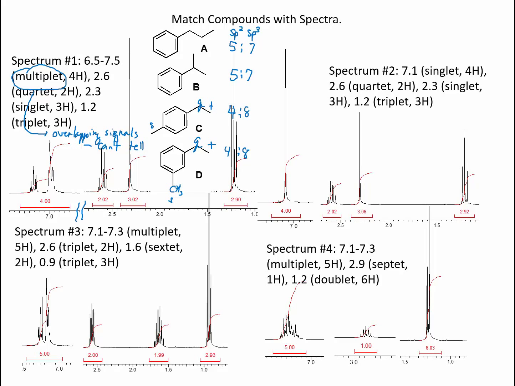But what we can see is, let's look at the aromatic region. Here, there's quite a few different types of aromatic signals, whereas here, really all the aromatic signals are equal. And we kind of see that there's a little bit more symmetry to the situation.